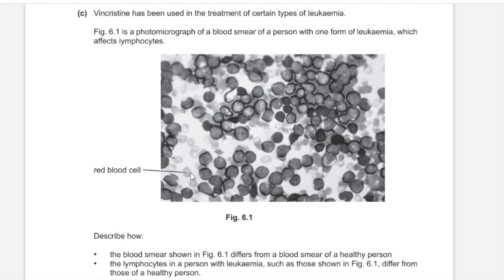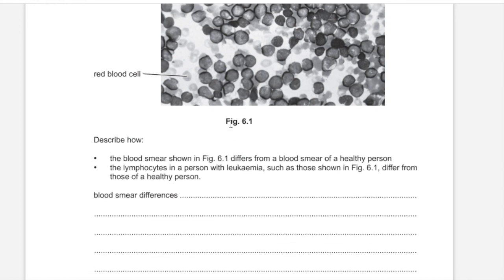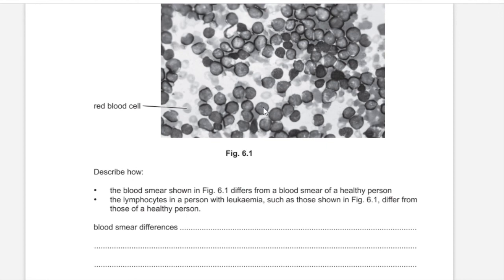There are a number of lymphocytes, which are larger than red blood cells, shown in the figure, and those would not be present in such a great quantity in the blood smear of a healthy person. And these lymphocytes, because they have not properly specialized, would not be able to carry out their functions properly.